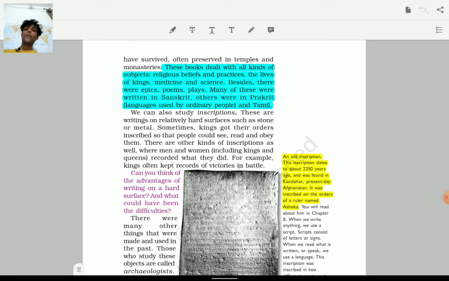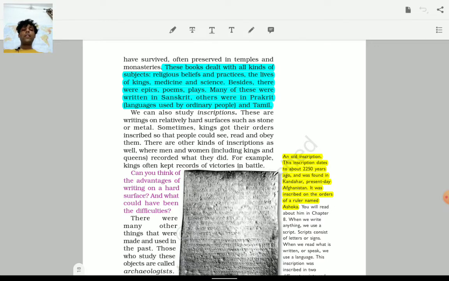Besides these, there were epics, poems, and plays. Many of these were written in Sanskrit, others in Prakrit and Tamil. So different languages were used according to the region and the knowledge of the people, such as Sanskrit, Tamil or Prakrit.